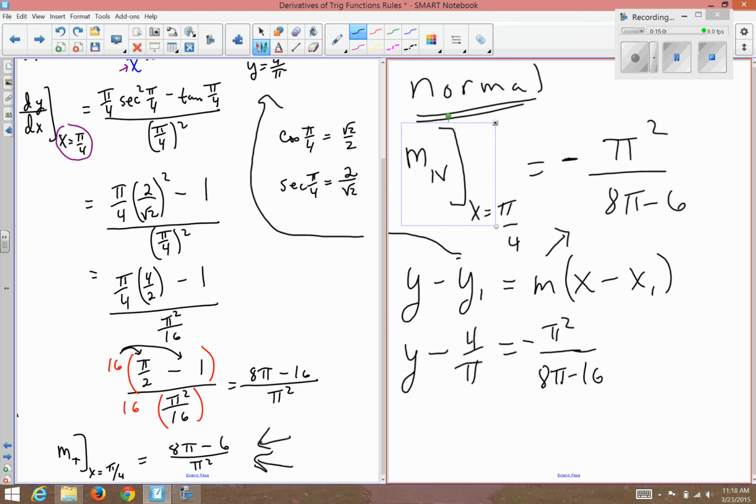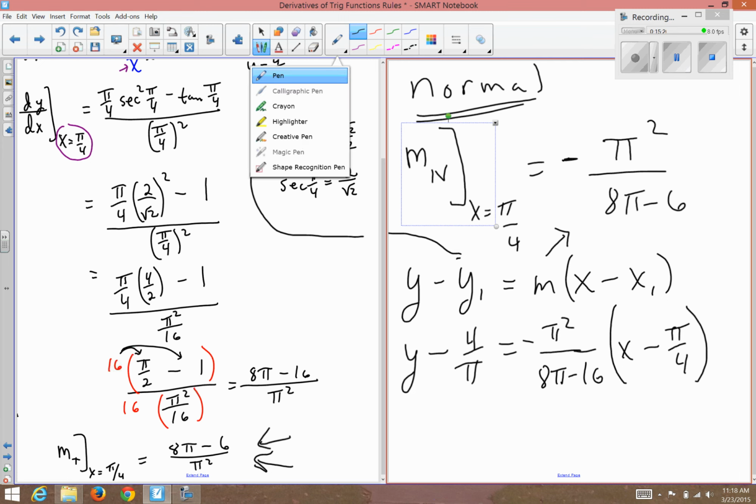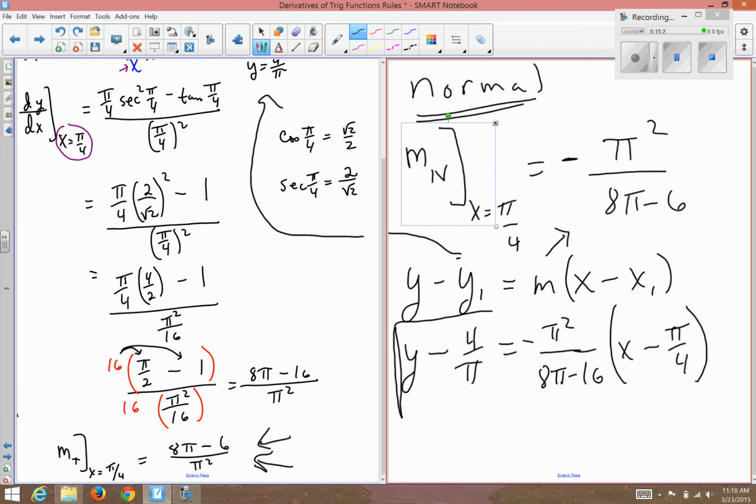That's the slope. Parentheses x minus. The x sub 1 is the number that was given in the question. It was x equals pi over 4. And we're going to accept this as the answer. That is the line normal to y equals tan x over x, at x equals pi over 4.